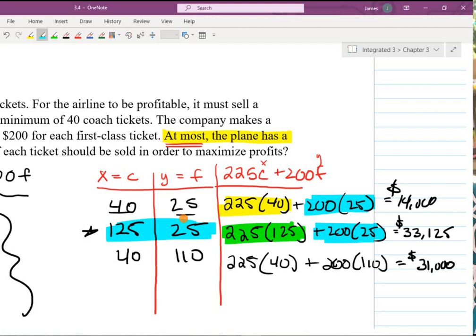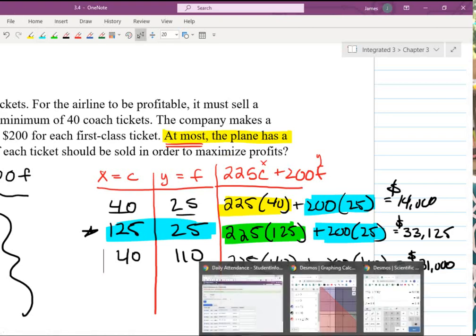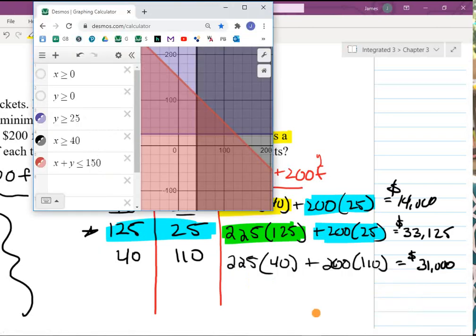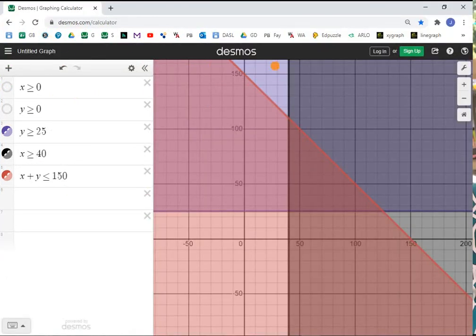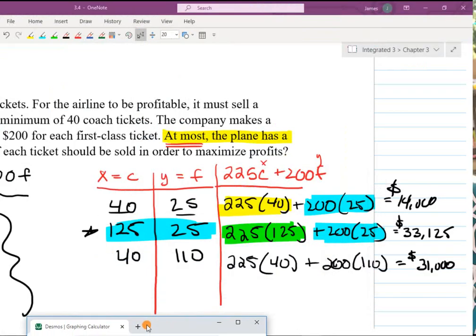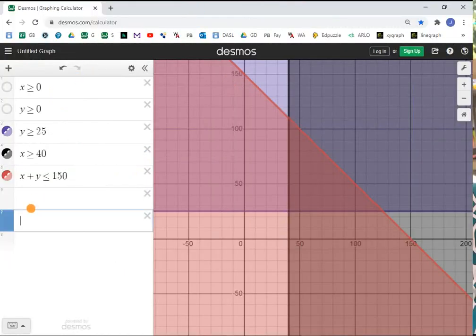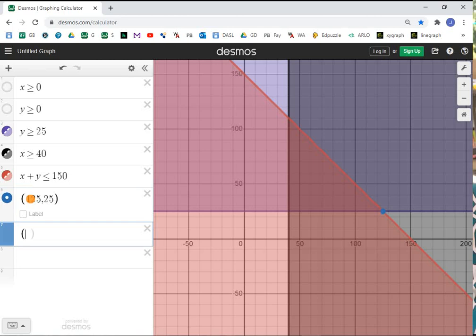Does that make sense? And basically what I mean by that is, let's go back to our feasible region. The ordered pair, so what was it, 125 and 25? And there was one that was, what, 25 and 110?